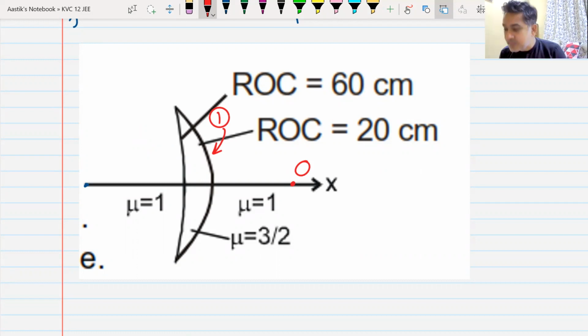Positive, well done. Positive 20. Look at number 2. Is it positive or negative? Positive. But there is a negative there, so it becomes minus 1 by 60. We end up with the same answer, sir. Whether I look from here or look from there, the lens remains the same.